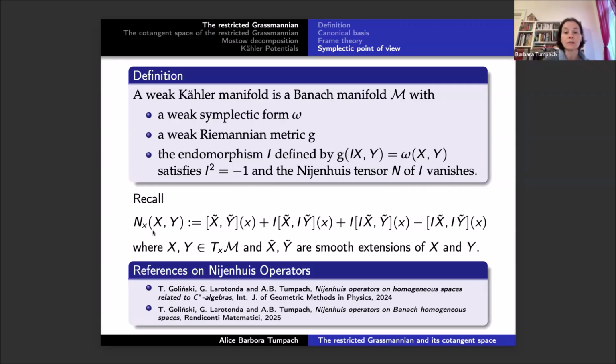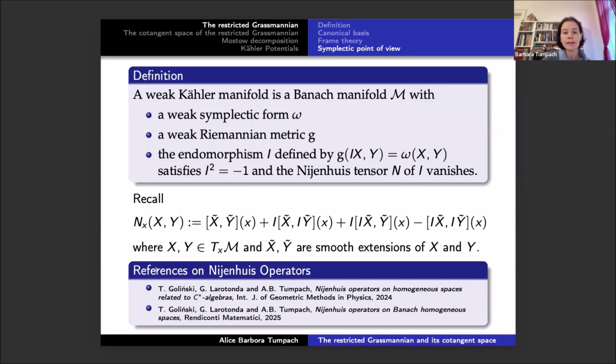In the finite dimensional case, and also in the real analytic case in infinite dimension, this then implies that there are holomorphic charts for the manifold M. But there are also counterexamples in infinite dimension where the complex structure is formally integrable, but there are no holomorphic charts.